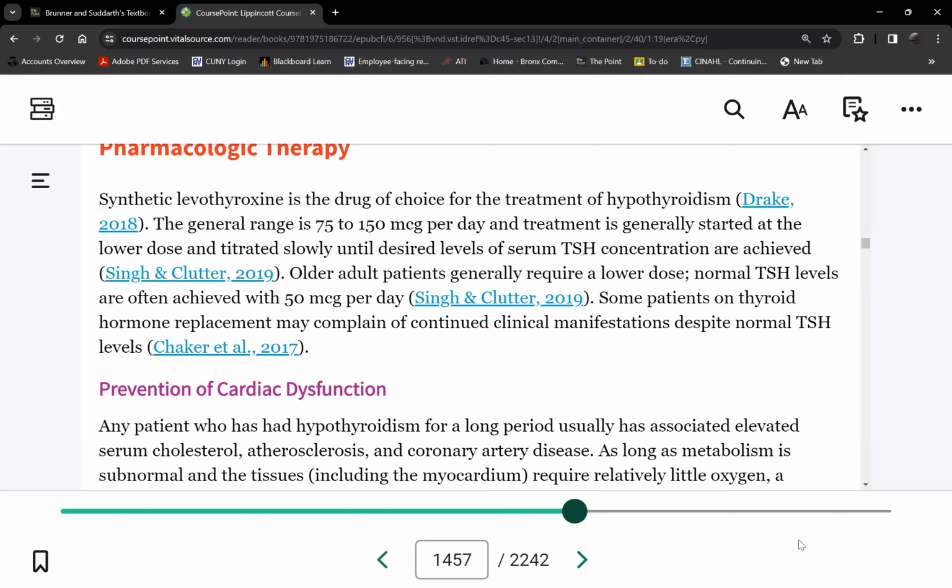And here are a few considerations. Older adults generally require a lower dose because the metabolic need of the older adult is decreased to begin with, right? Because they don't require that much. So they start even lower and then the change will also be even slower.